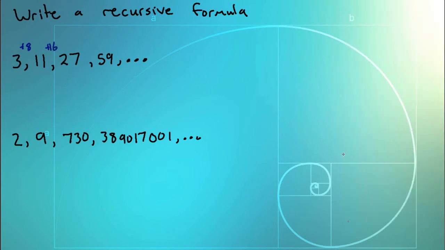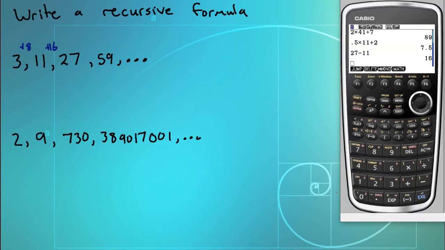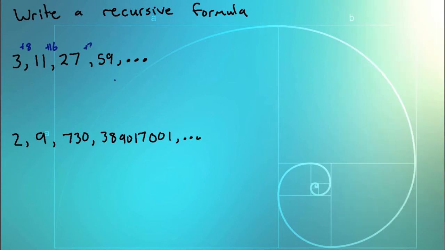And if I were to do 59 minus 27, I get plus 32. And I see that each time I'm multiplying these that I'm adding by 2. Right?